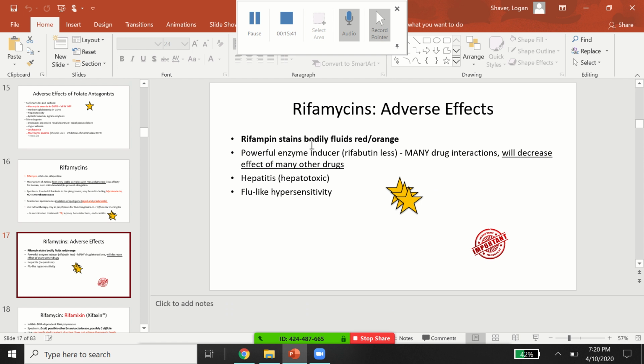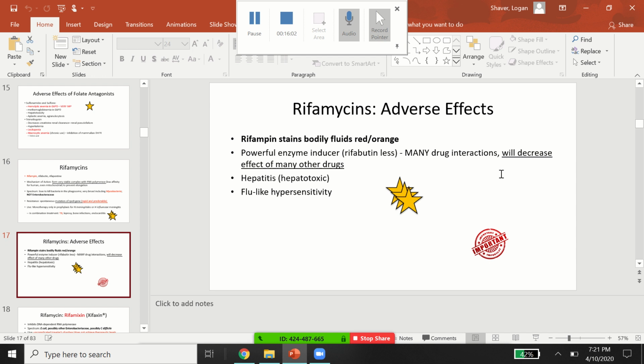And then on to this. Another thing I thought was super high yield on that exam was urine colors. I know we had that quite a bit. It seemed like maybe a question or two on it, but I felt like it was probably just one question. Anyway, rifampin specifically stains bodily fluids red and orange, red slash orange.